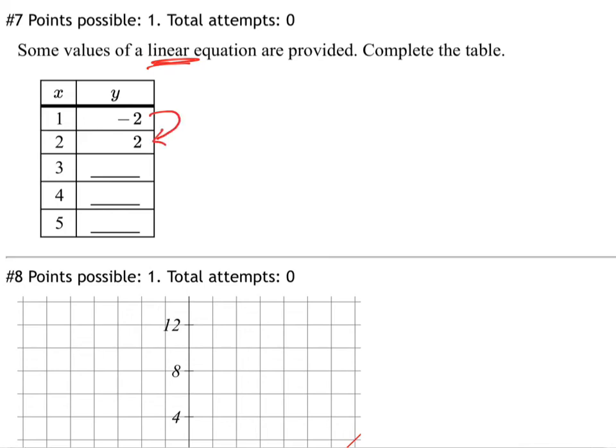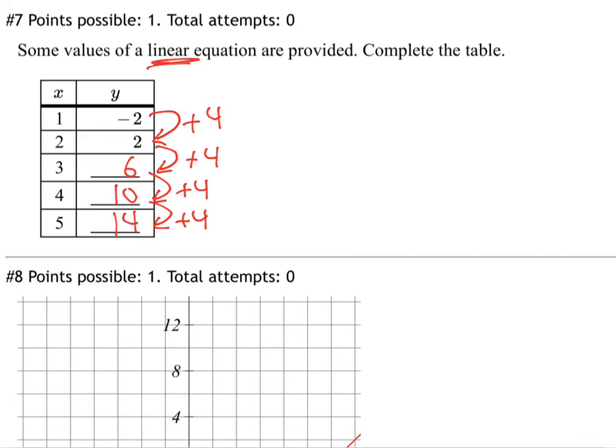What was the jump from -2 to +2? That went up 4, didn't it? So then just do that again. Go up 4 again. What's it going to be? 6. And do that again. 10. And do it again. Makes sense? That's what it means to be linear. It just always goes up by the same amount.